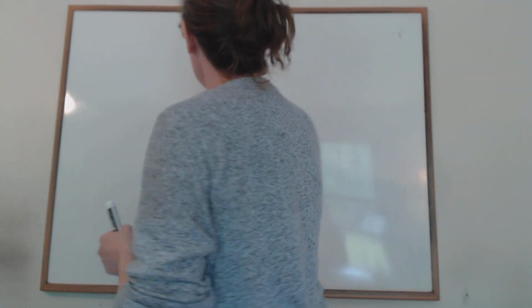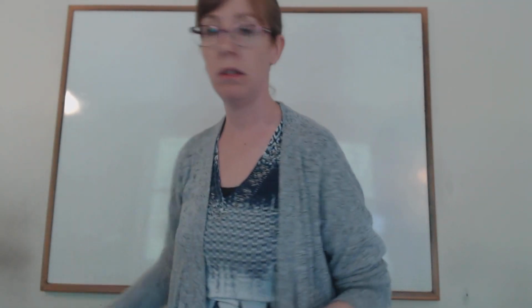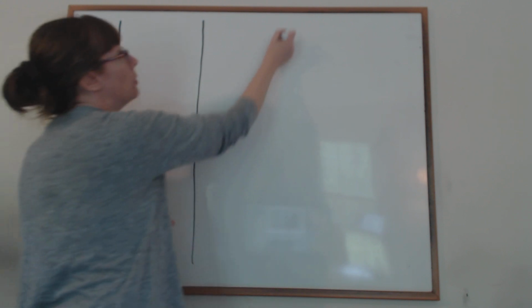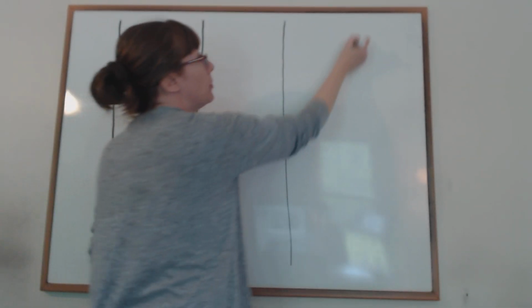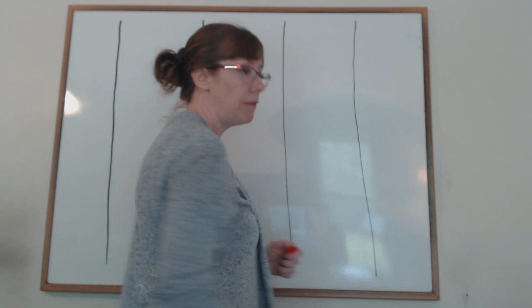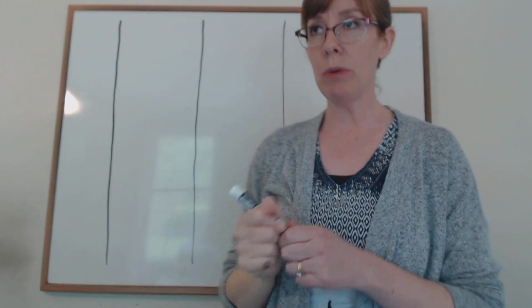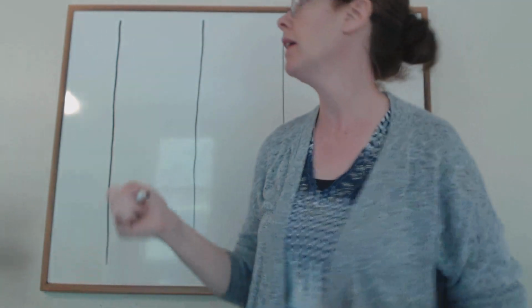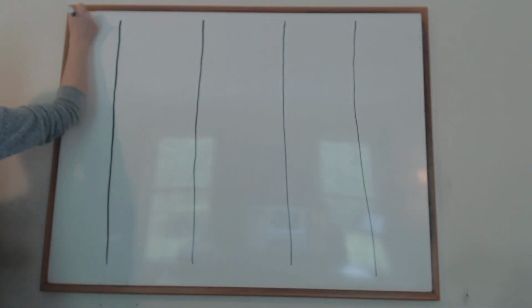All right, so what I'm doing here is building a table with 1, 2, 3, 4, 5 columns. The first column can be really small. The next three should be kind of equal sizes, and the last one can be pretty small. If I were you, I would do this on a fresh piece of notebook paper, landscape rather than portrait. The first column is going to be called number of electron groups.